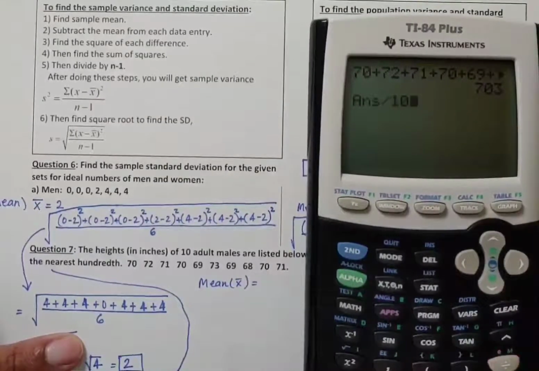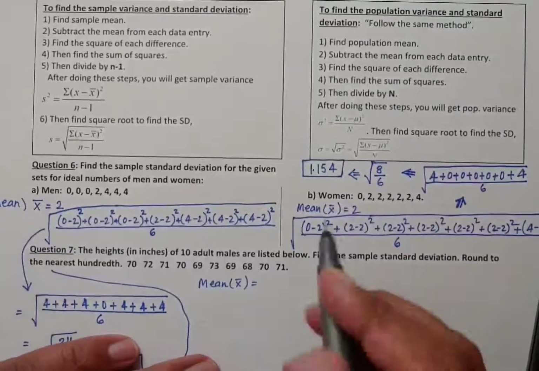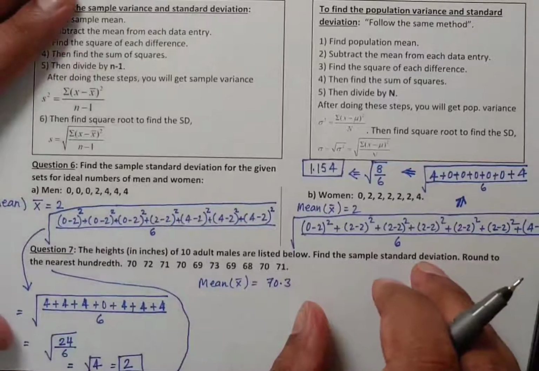The sum is 703, divided by 10 is 70.3. 70.3.